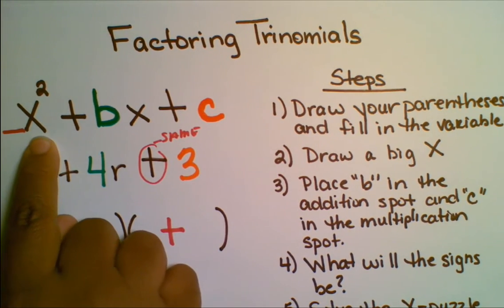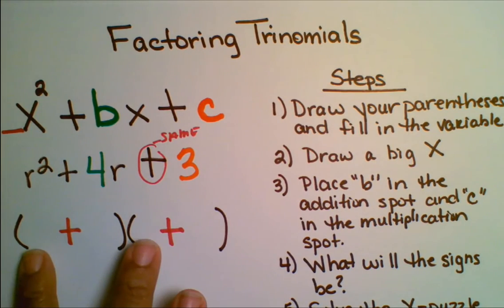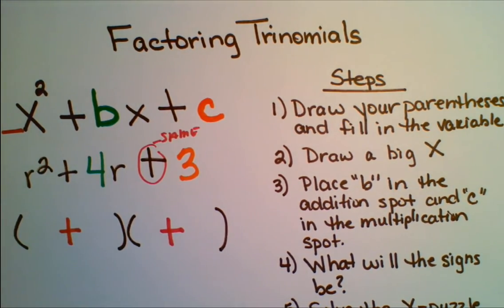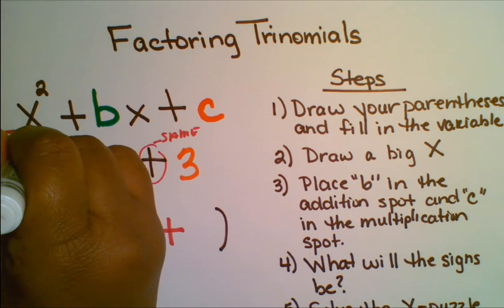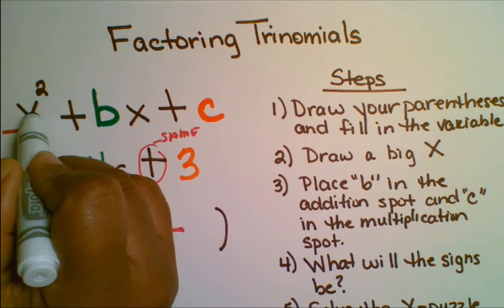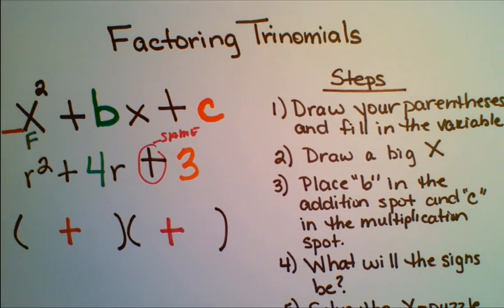Now, when we say fill in the variable, we're going to fill in the first term of the parentheses. With our first term, you're saying, okay, what times what will give us the x squared?